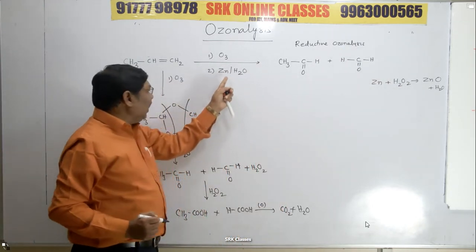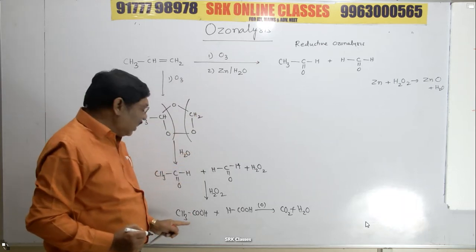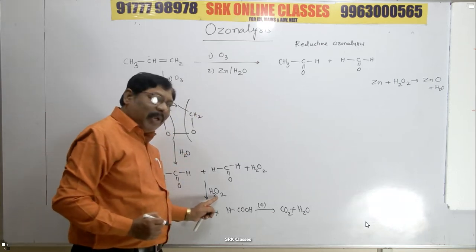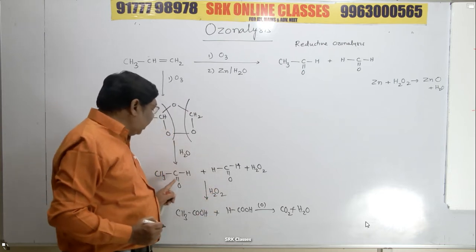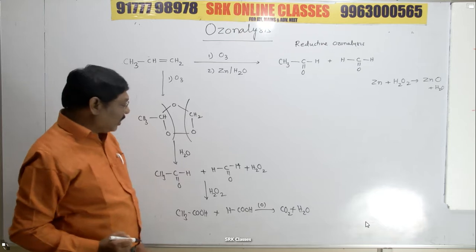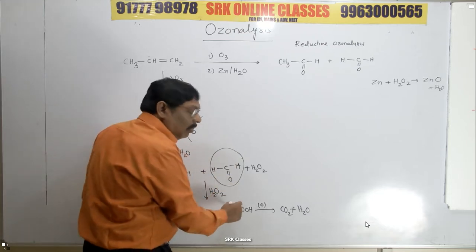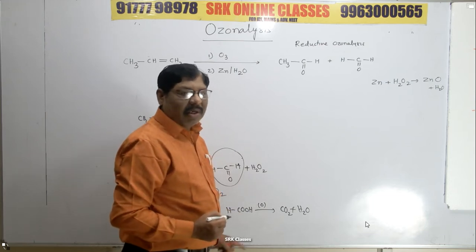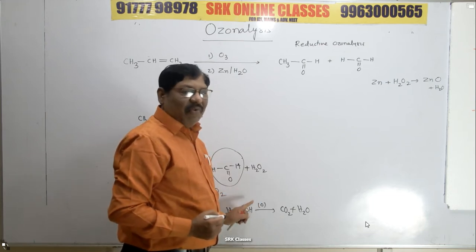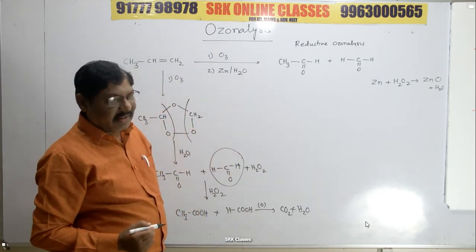Whereas if zinc is not present, that is called oxidative ozonolysis, where the byproduct is hydrogen peroxide, which acts as an oxidizing agent that oxidizes aldehydes into the corresponding carboxylic acid. Exceptionally, wherever formic acid is formed, it undergoes further oxidation to produce carbon dioxide and water. Not other acids, only formic acid.